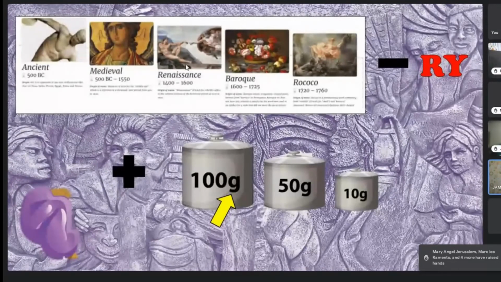How about Mark Leo? Mark Leo, what will be this picture denoted? It says it's spaces. Daniel said phase, it's spaces. How about Mark Leo?